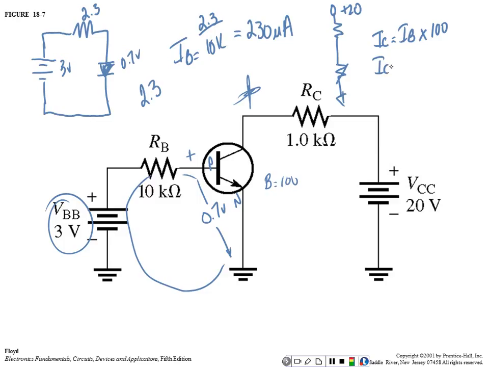IC would be equal to IB, which is 230 microamps, times 100. That 100 has no units. It is a multiplier. So IC would equal what?